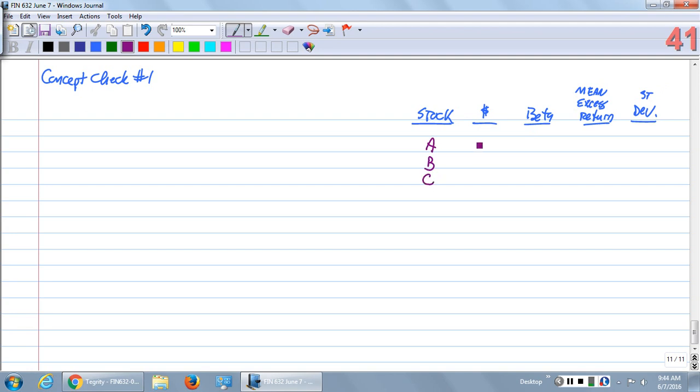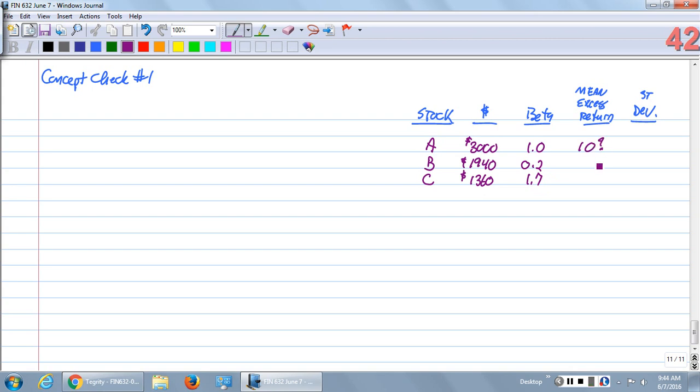We've got $3,000 invested in stock A, $1,940 in asset B and $1,360 in asset C. The betas are 1, 0.2, and 1.7.